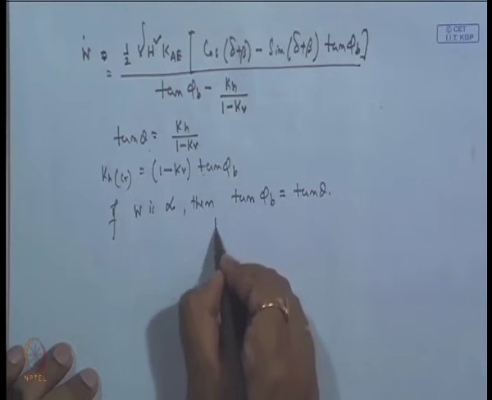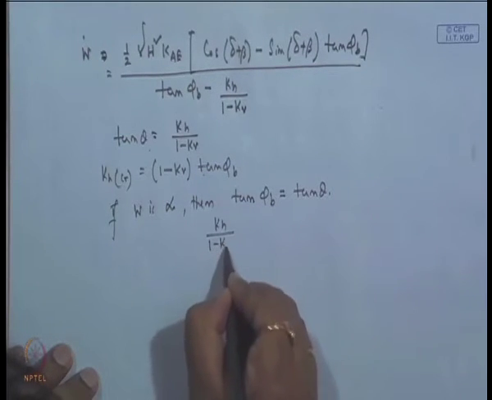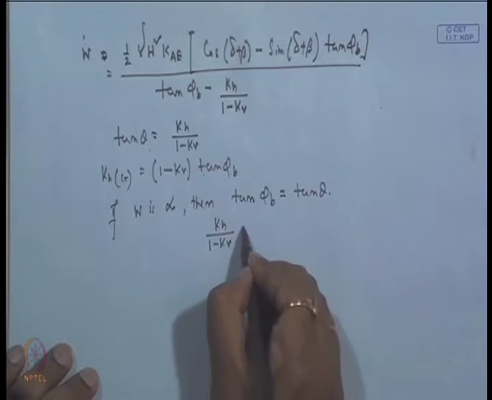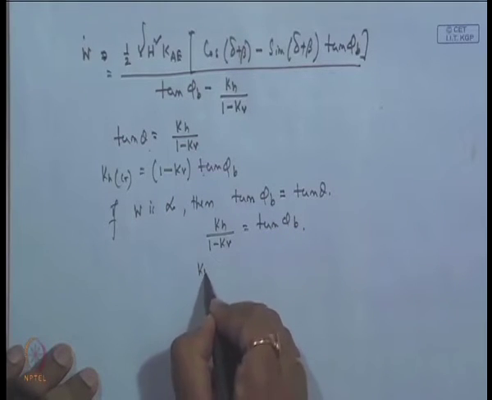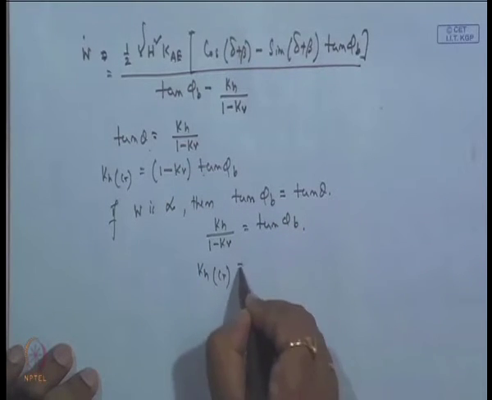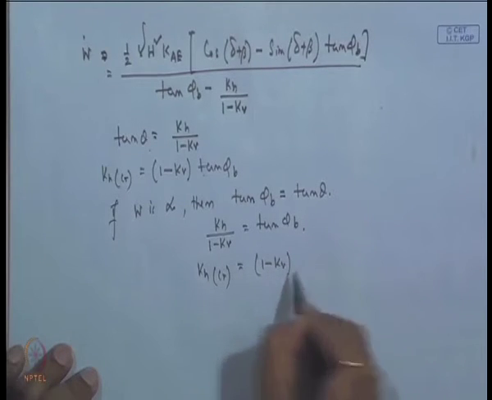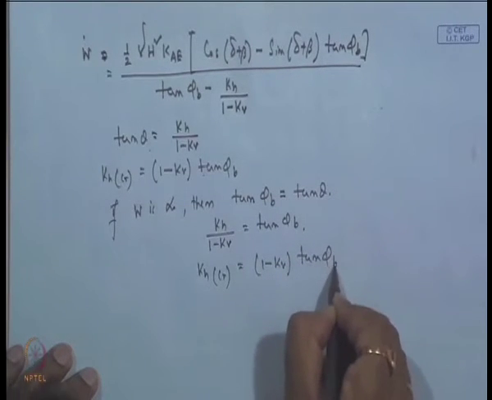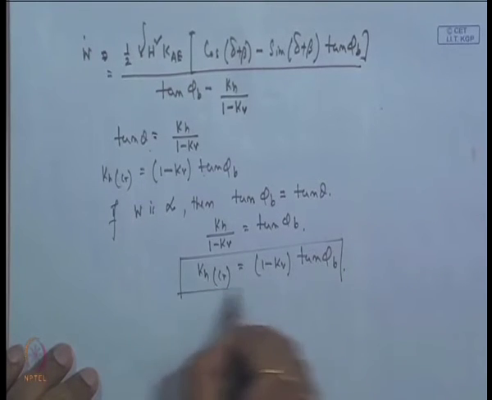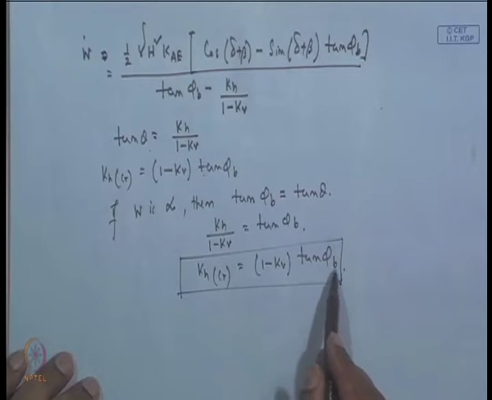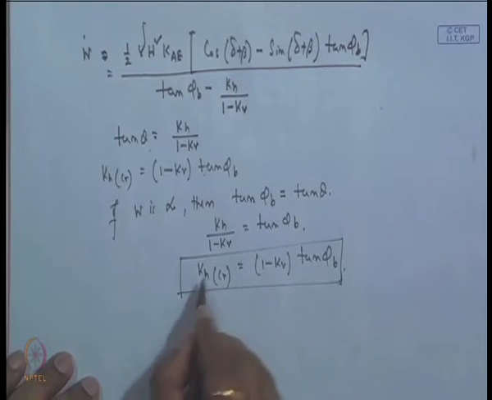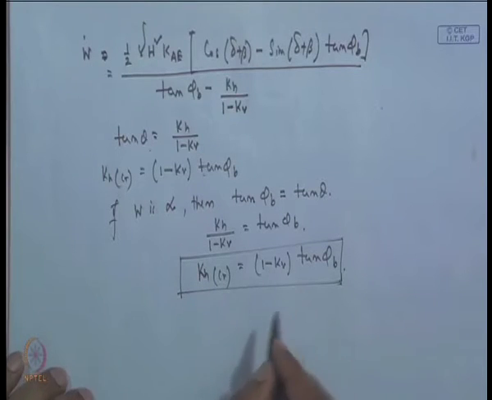So, we can write k h by 1 minus k v is equal to tan phi b. So, again from that expression this k h critical is 1 minus k v into tan phi b. So, this is the expression for the horizontal coefficient critical expression.